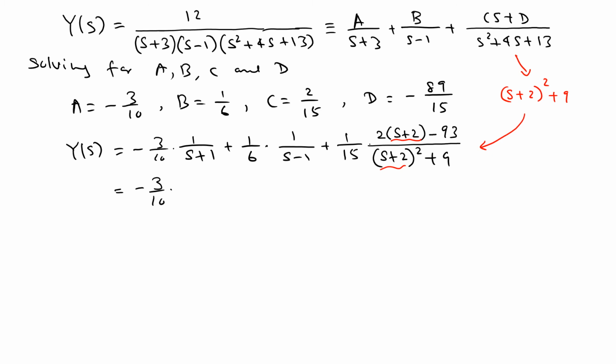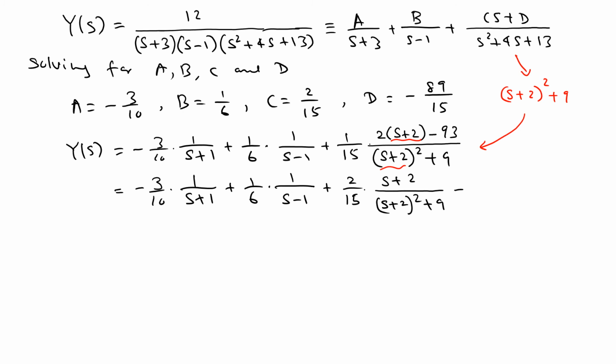It's 3 over 10 times 1 over s plus 1, plus 1 over 6 times 1 over s minus 1, plus 2 over 15 times s plus 2 over (s plus 2) squared plus 9, minus, and then you can see that the other term is 93 over 15, so you can actually take 3 out, so we can write this one as 31 over 15, and then 3 over (s plus 2) squared plus 9. 9 means 3 squared.